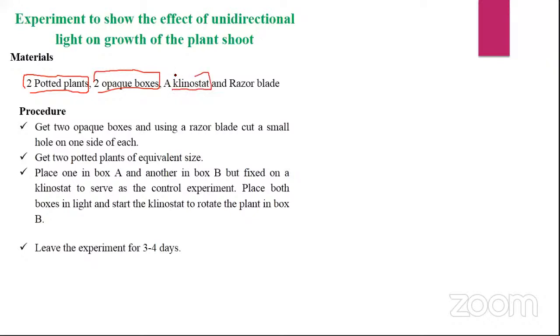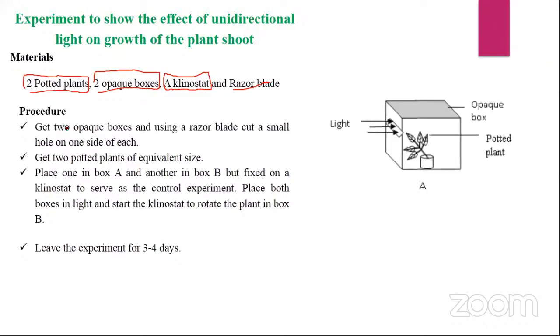A clinostat is a machine that has a motor that rotates the plant, and then a small razor blade. So in one opaque box, you shall put this potted plant. A potted plant is not a special plant, it's just a plant grown in a pot.